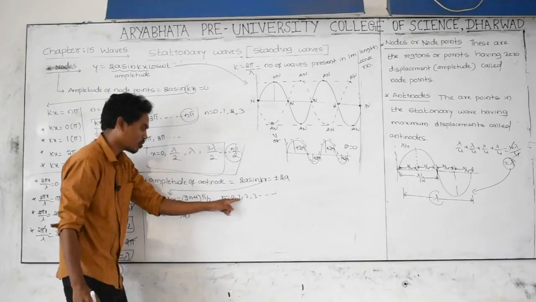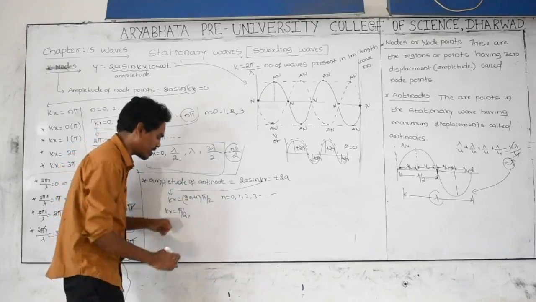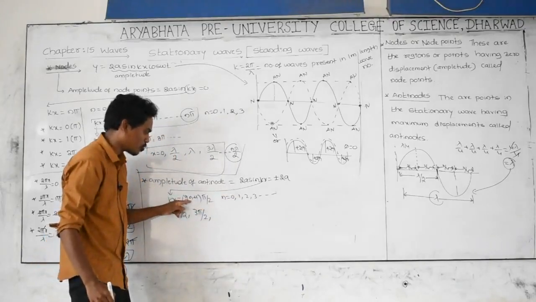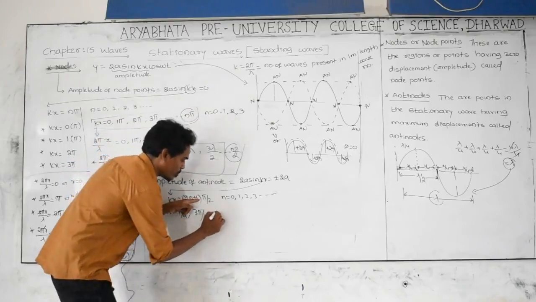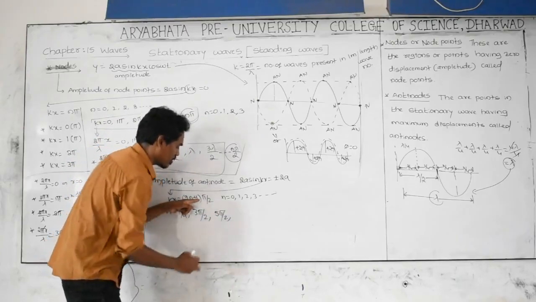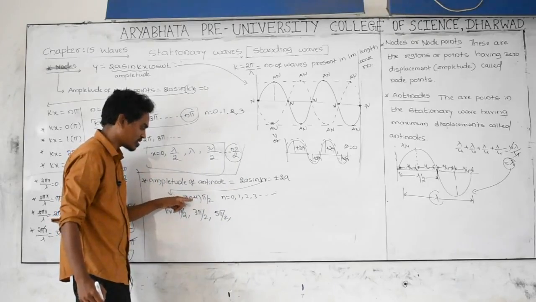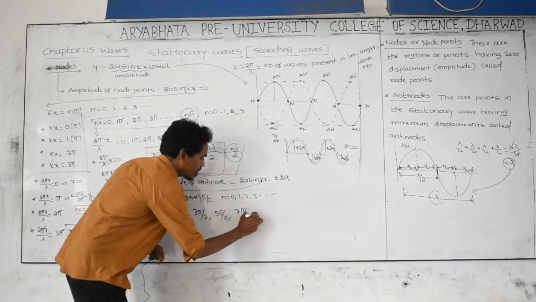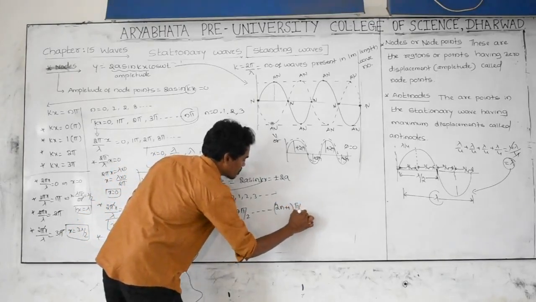If n is equal to 1, 2 into 1, 2 plus 1, 3, 3 pi by 2. If n is equal to 2, 2 into 2, 4 plus 1, 5, 5 pi by 2. If n is equal to 3, 2 into 3, 6 plus 1, 7, 7 pi by 2. Or so on, you can write generally 2n plus 1 into pi by 2.